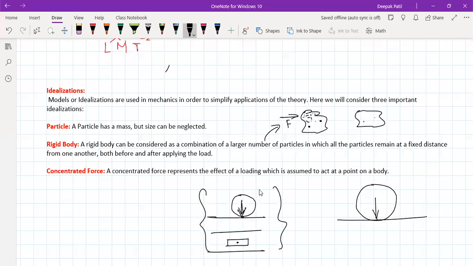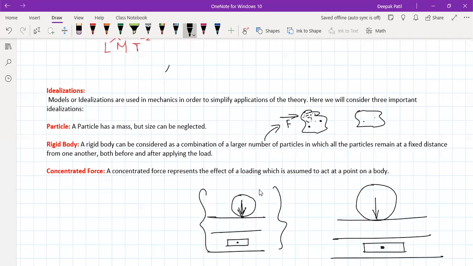So this could be the load, and this force I can call a concentrated force provided there are some conditions: the area over which the load is applied is very small compared to the overall size of the body. Now here in this case, if I draw the plan, from the top view, this is your wheel, and only this much area is in contact with the wheel.